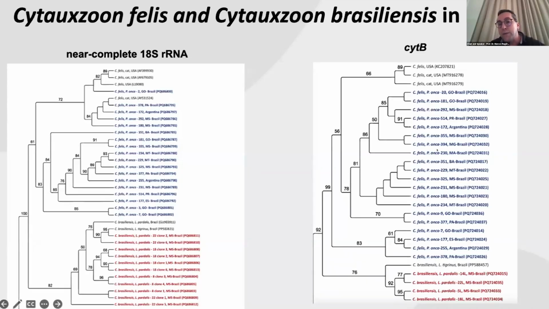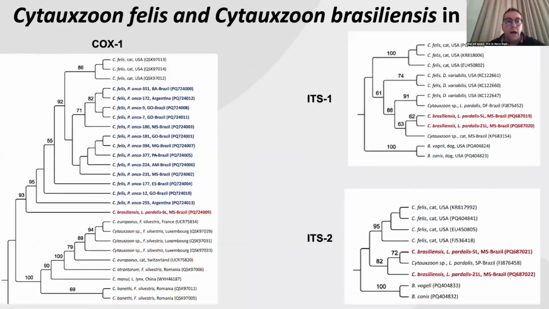This is the cytochrome B based phylogenetic tree, and they were supported by each other and by high supported bootstraps. These results were confirmed by COX-1, which is a mitochondrial gene. So Cytauxzoon felis, several genovariants in Panthera onca, which are jaguars, and Cytauxzoon brasiliensis in ocelots.